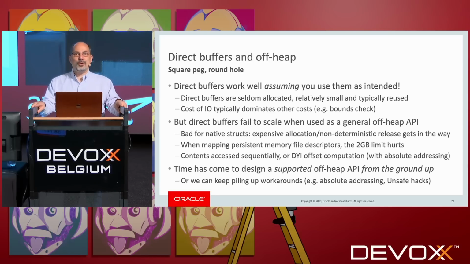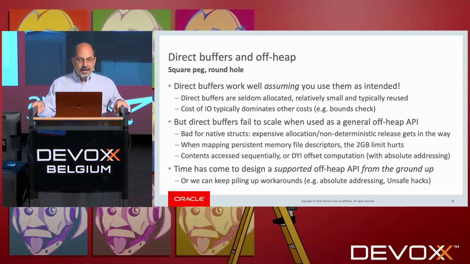But one of the most commonly requested improvements for ByteBuffers is, can we have long indexed ByteBuffers? It sounds like a simple request, but it's not. It would be a fairly invasive change, and that's why we haven't done it. Similarly, the API for ByteBuffers is designed for sequential access, or you can do your own address computation and you're on the hook for getting it right.